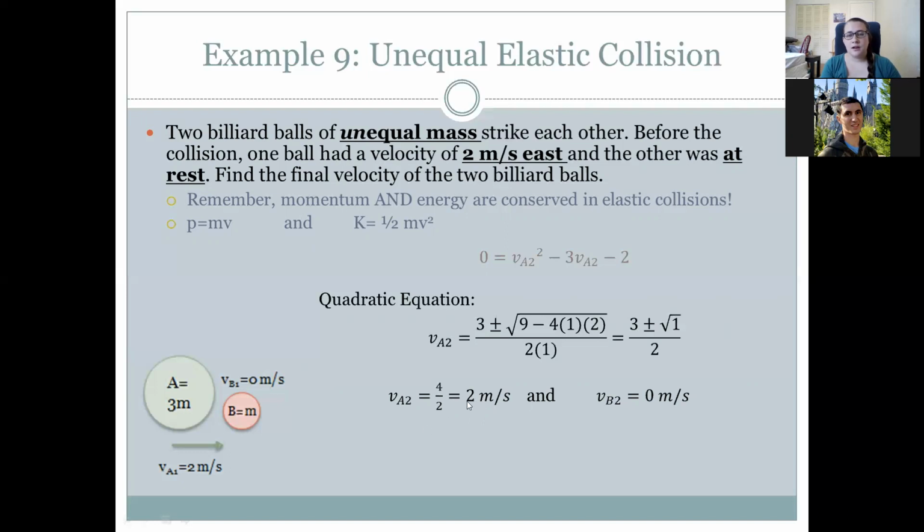So that would be a velocity of 2 meters per second for A, which would then mean B has a velocity of 0. Or if we do 3 minus the square root of 1, that would be 2 over 2, which is 1 meter per second. And then that would mean that the velocity of B is 3 meters per second.